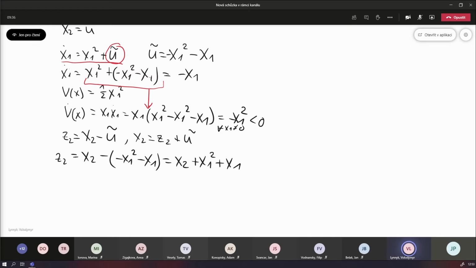Now we have the original system in a new form, and the first equation in the original system changes form by adding a parameter. We rewrite in the new variable: x1 dot equals x1 squared plus x2.